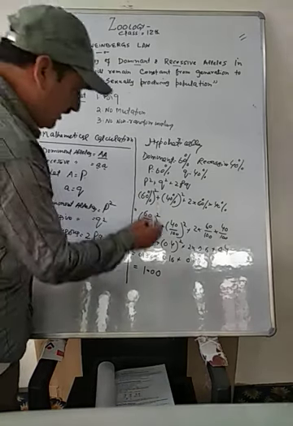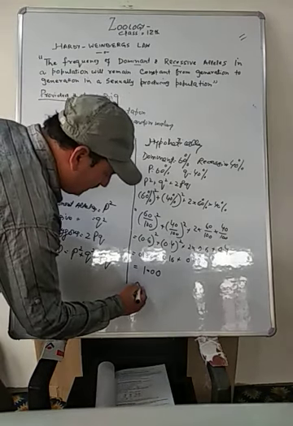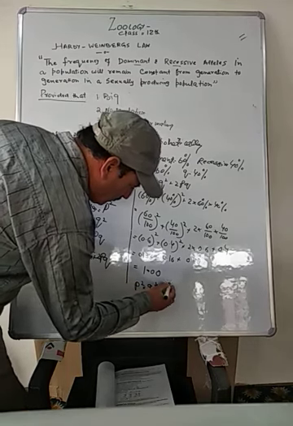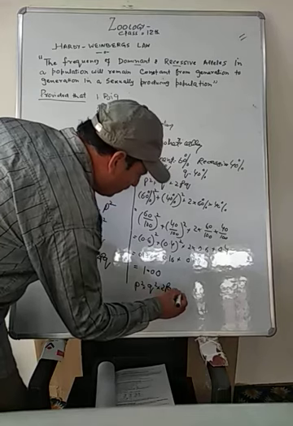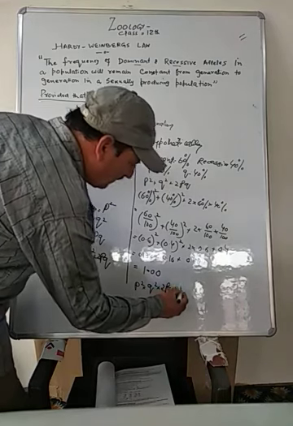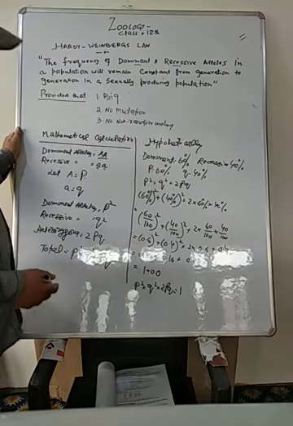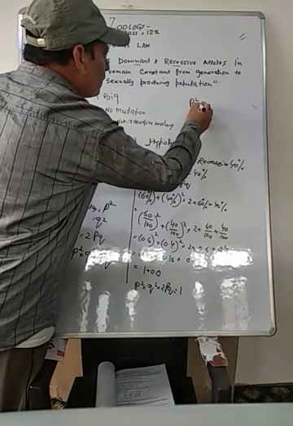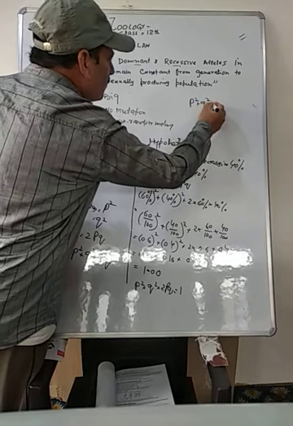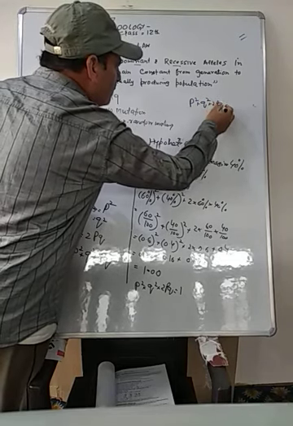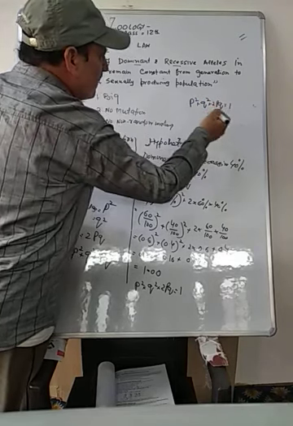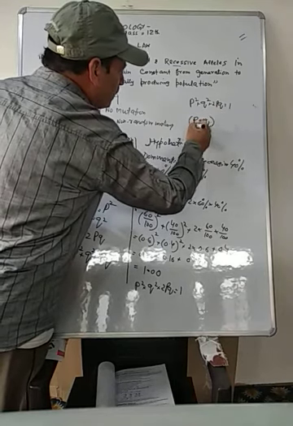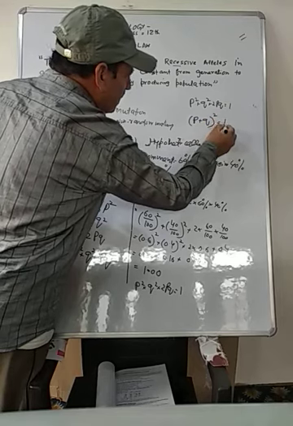So P square plus Q square plus 2PQ is equal to 1. Lastly, we have found that P square plus Q square plus 2PQ is equal to 1, which becomes the formula (P plus Q) whole square is equal to 1.